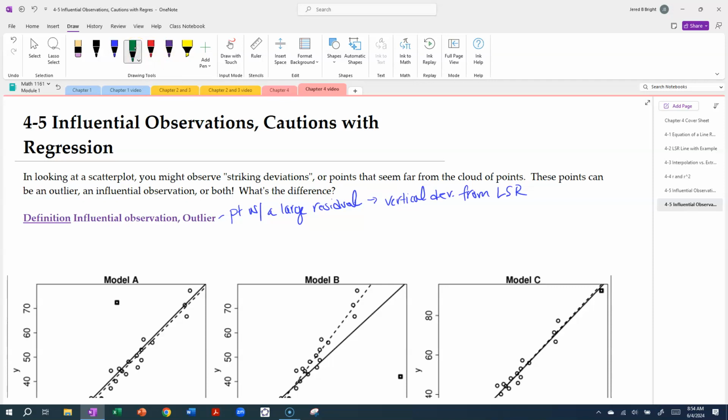Influential observation, this one is a little trickier to define. So this one is a point that has a large impact on the LSR line. And so it's like, okay, it has a large impact, but what does that mean? Really, what we have to do to determine if it's influential or not is take the point out and see if the LSR line changes.